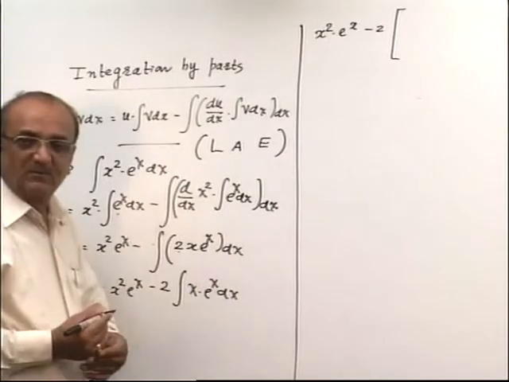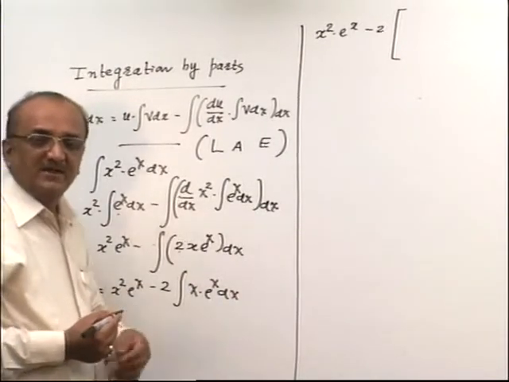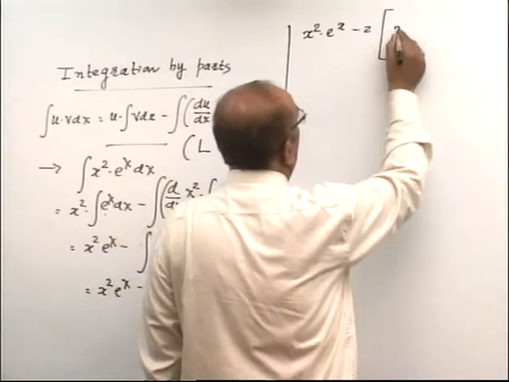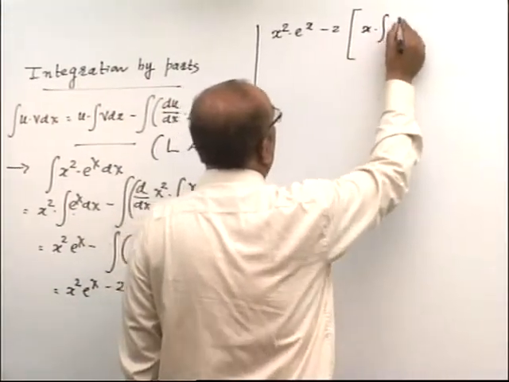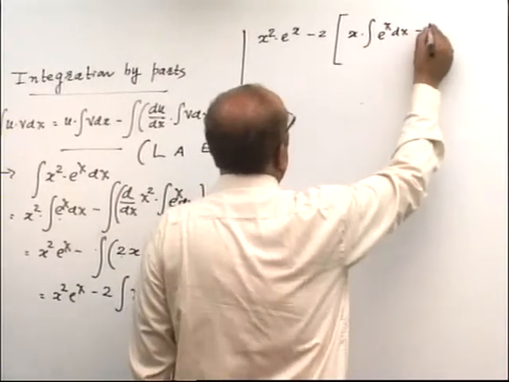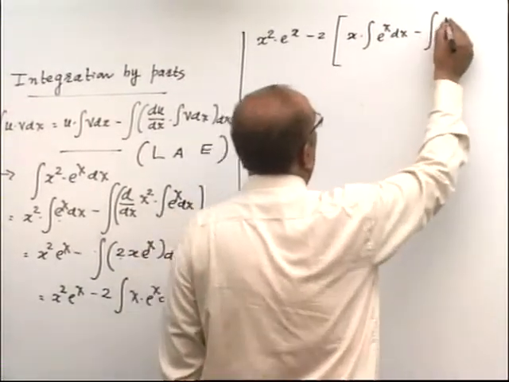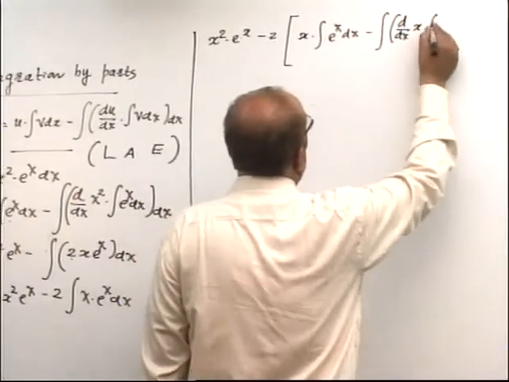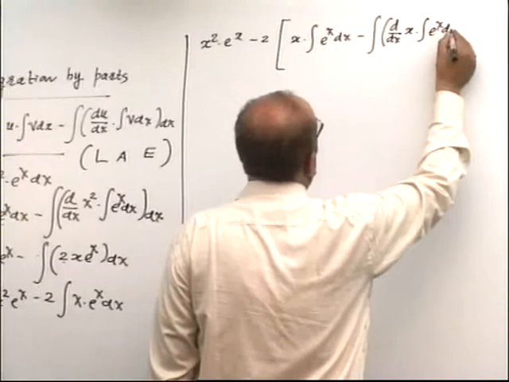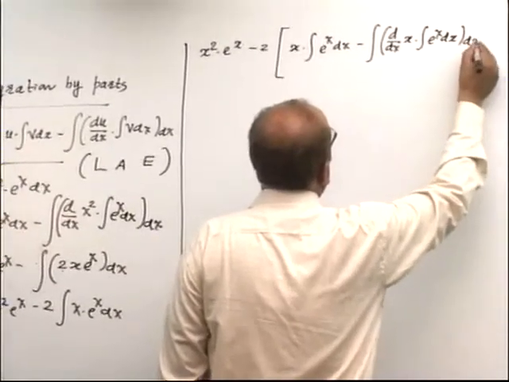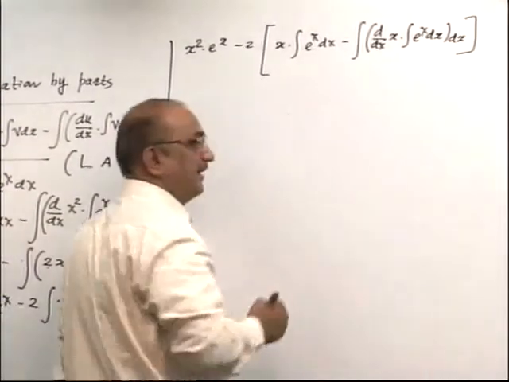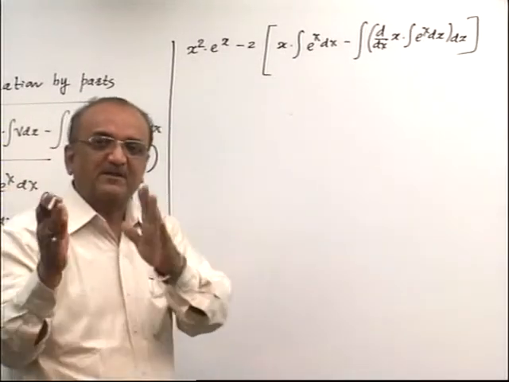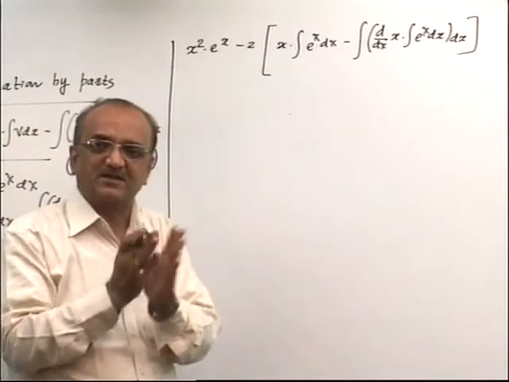Again you have to substitute these values in the integration by parts formula. Now what to write? u is x into the integration of e raised to x dx, minus the integration of the bracket of d by dx of x, integration of e raised to x dx, bracket over dx, big bracket over, separate part, right? This part is separate. The integration of x into e raised to x is a separate part.